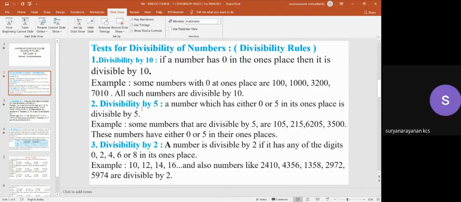Yesterday, for the first question, some students used only commas, but they did not write number names. Number names means, for example, 5 crores, 63 lakhs, 23,000. You have to write that sentence also. That is called a number name. Similarly, in the division, I asked what is the divisor, what is the quotient, and what is the remainder. Some students used decimals, but we have not discussed that point.